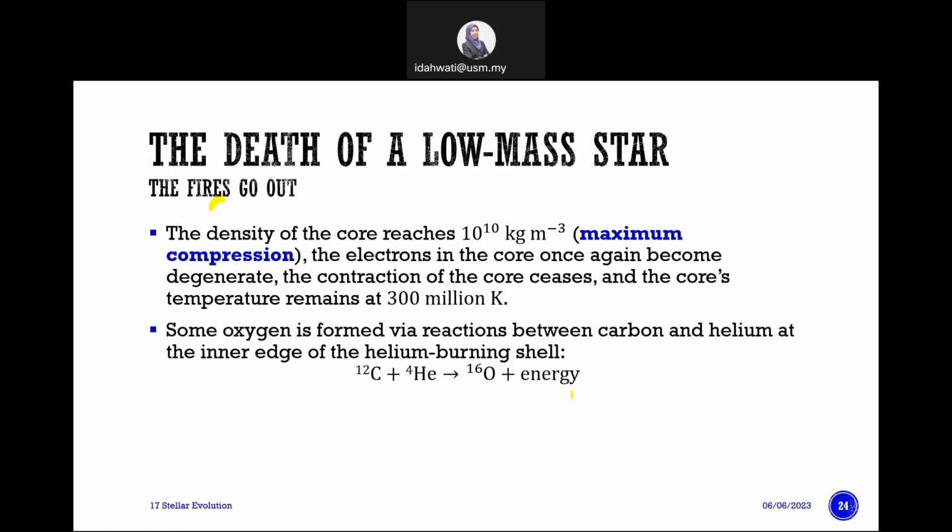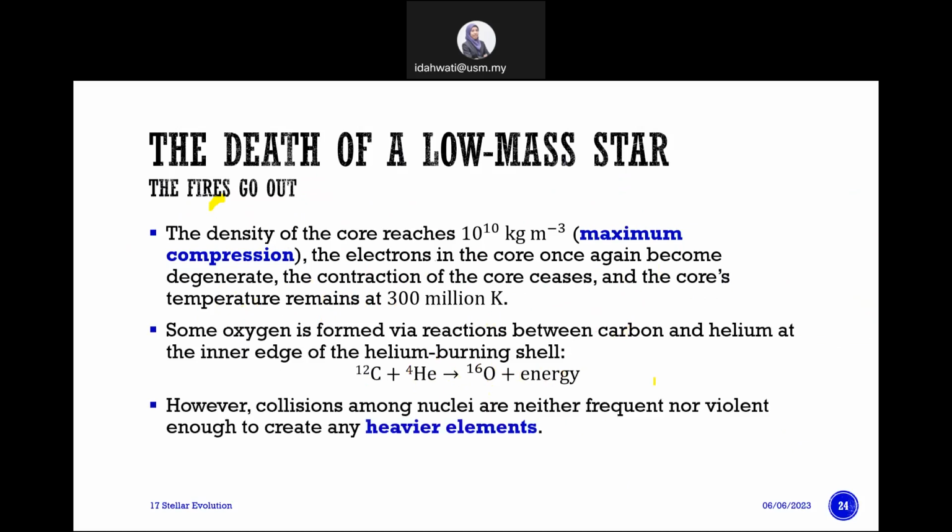So of course there are reactions there: carbon-12 plus helium will produce oxygen and also energy. But the collisions among the nuclei are not frequent enough to create any heavier elements.